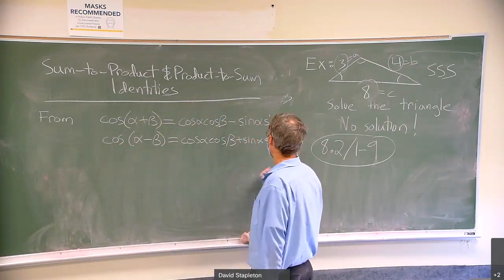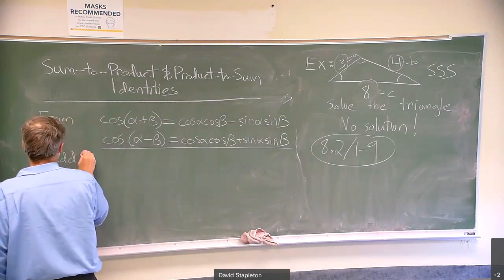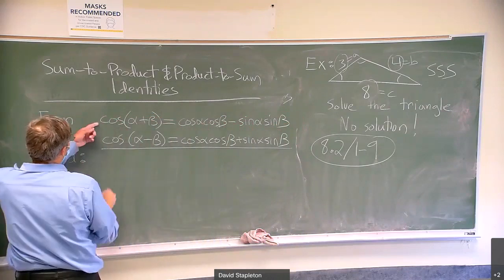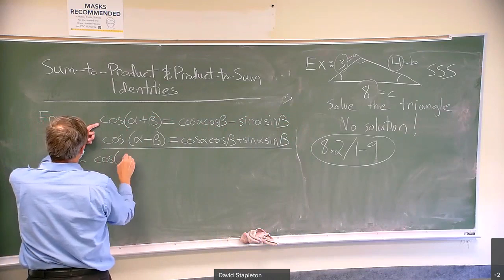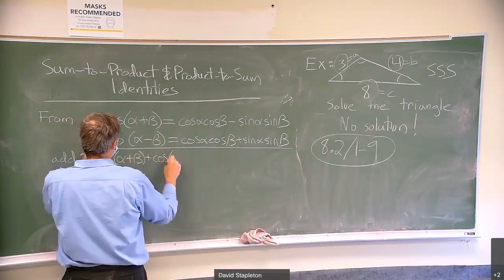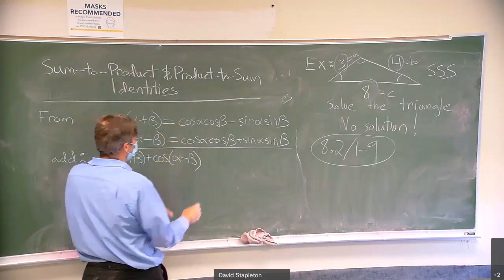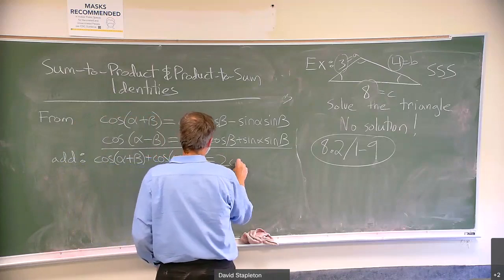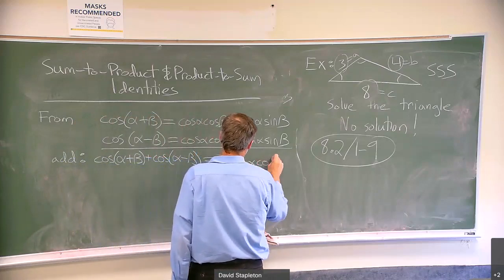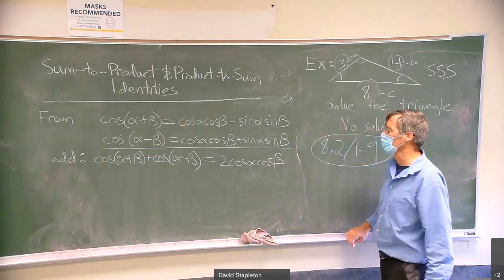There it is. And if I take these two equations and add them, what happens? On the left, I get cosine of alpha plus beta plus cosine of alpha minus beta, equal to these two adding to double, 2 cosine cosine. But these two cancel. And so I get that equation.